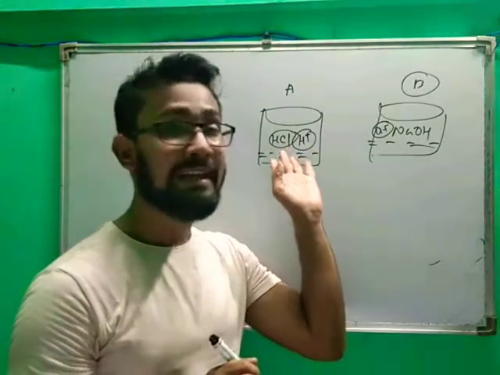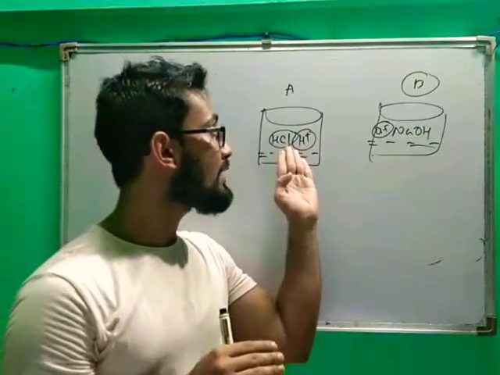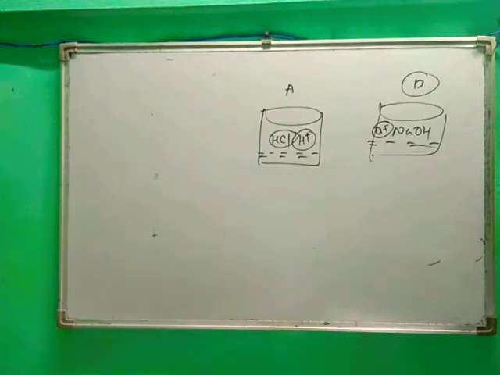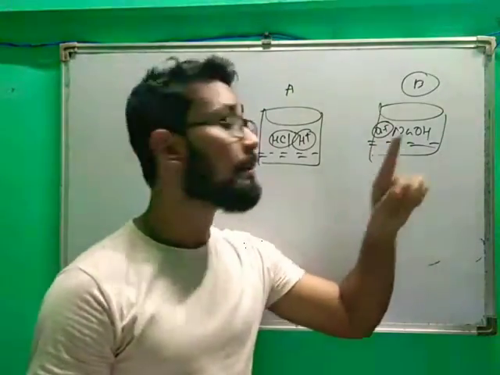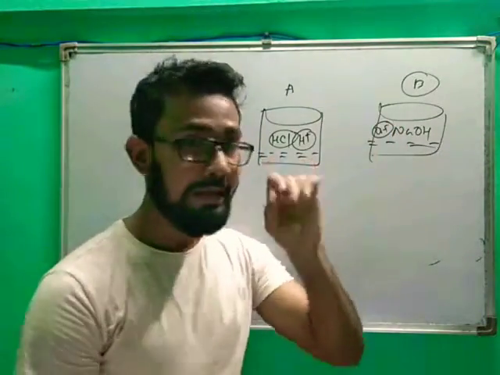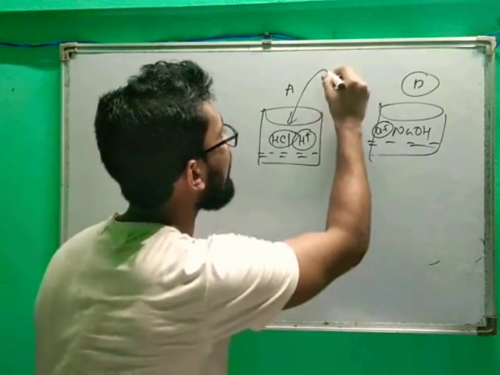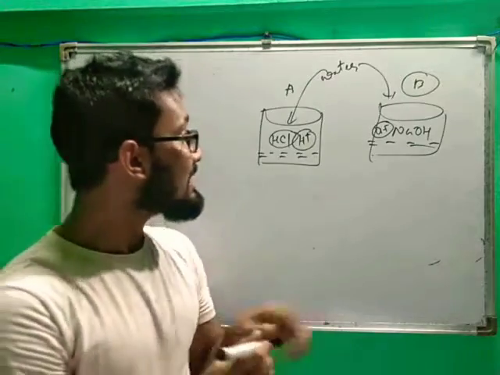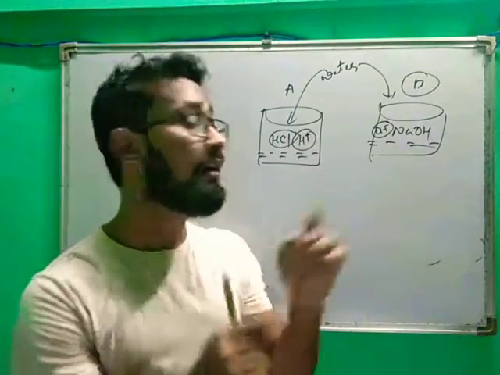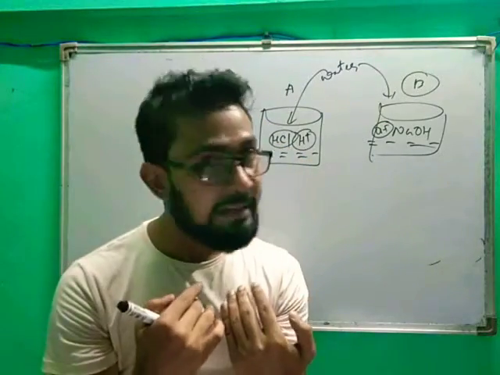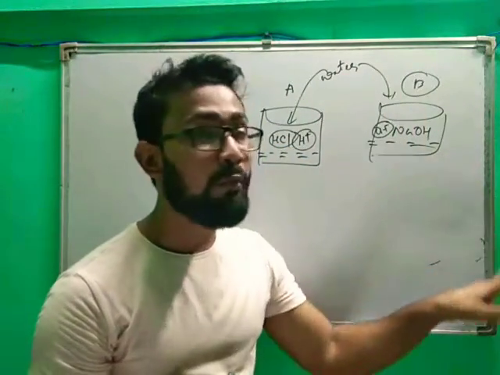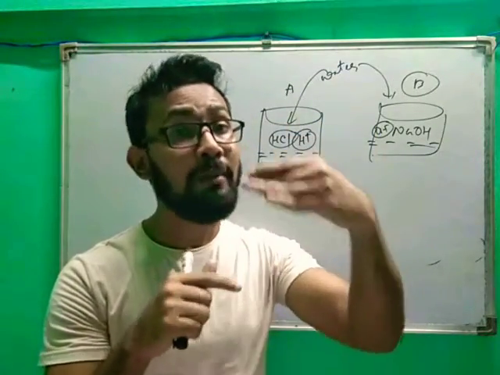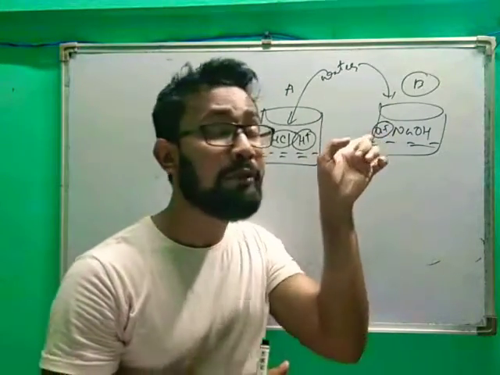In case of this one, there are more hydrogen ions per unit volume, and in this one the hydroxide ions per unit volume are more. Now if I add more water to both, the number of hydrogen ions per unit volume will start decreasing.